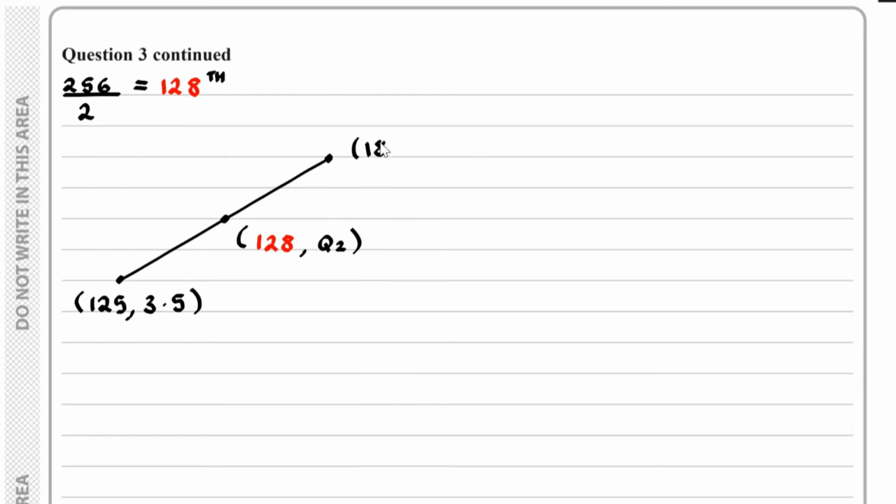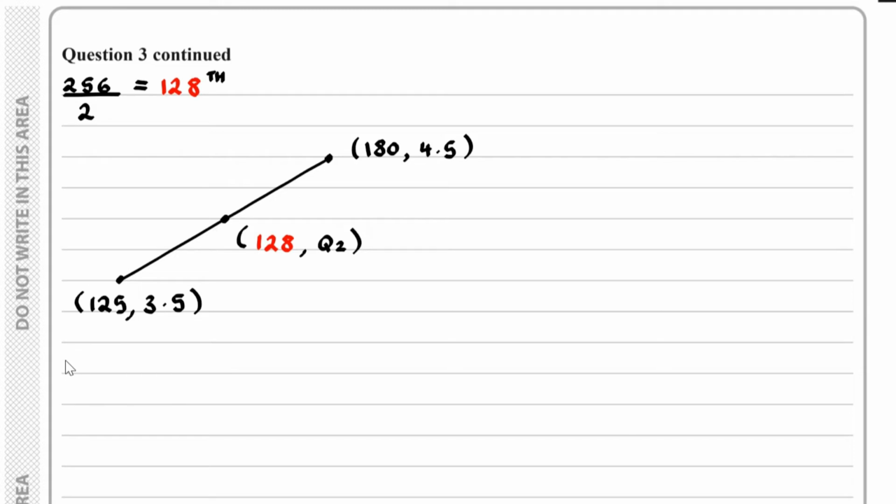So we have 180 and 4.5. And now at this point, we can recognize that the gradient of this line will be the same as the gradient of this shorter line.